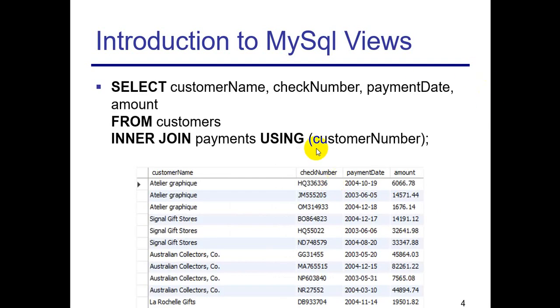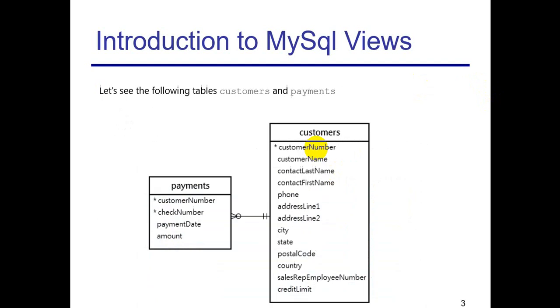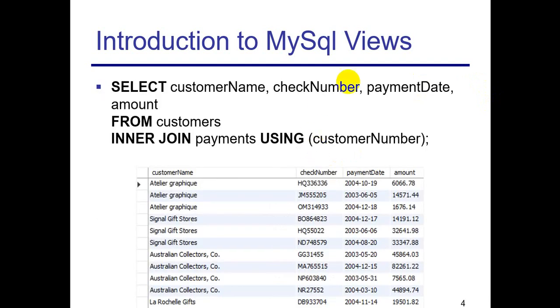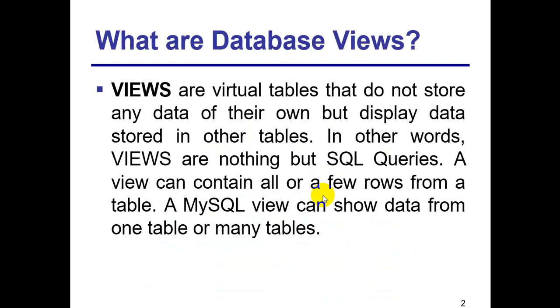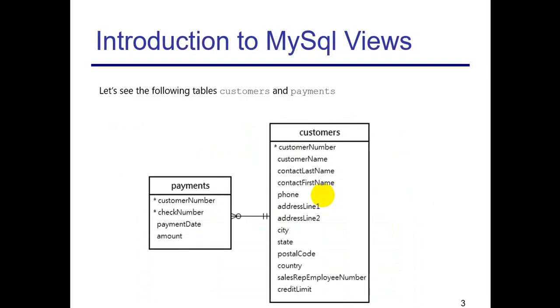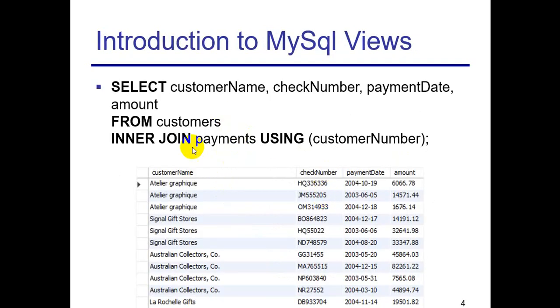If we want to select the data, for example the customer name, the check number, the payment date and the amount, we will write a query that selects these from the customer table, inner joining the payments table using the customer number. We have one attribute from here and the other attributes from the payment table, so we are actually joining these two tables.